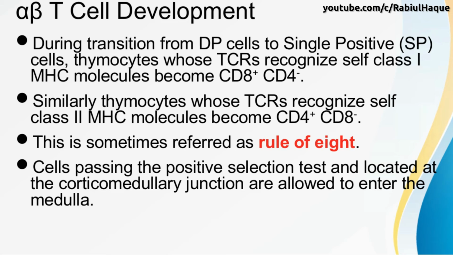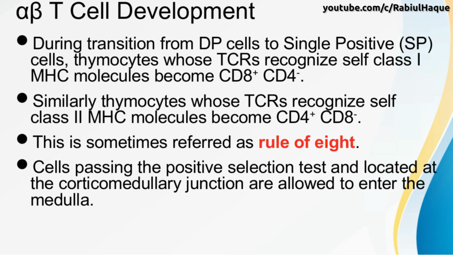Similarly, thymocytes whose T cell receptors recognize self class 2 MHC molecules become CD4 positive and CD8 negative cells, and this is sometimes referred to as the rule of 8, because we know that 8 multiplied by 1 is 8, and also 4 multiplied by 2 is 8. And you can use this to remember that CD8 positive cells can recognize class 1 MHC molecules, and CD4 positive cells can recognize class 2 MHC molecules, as we will see.